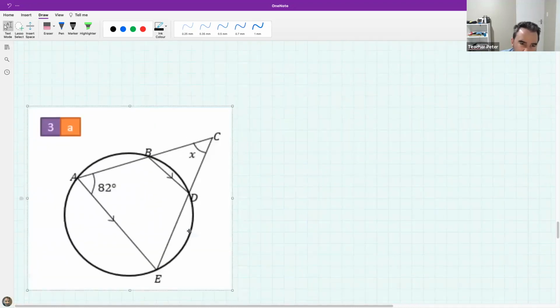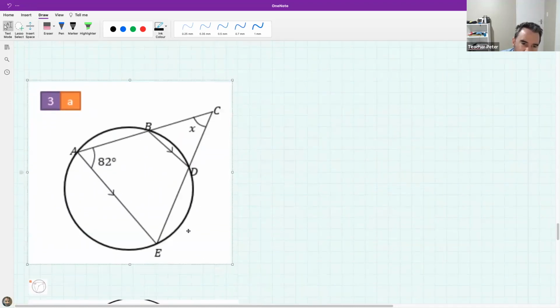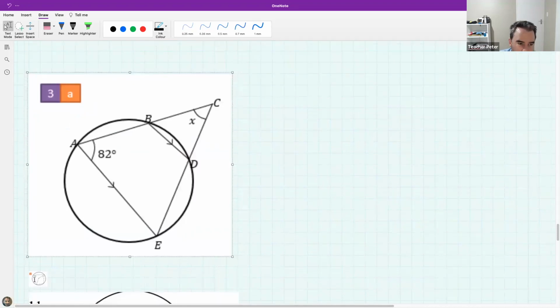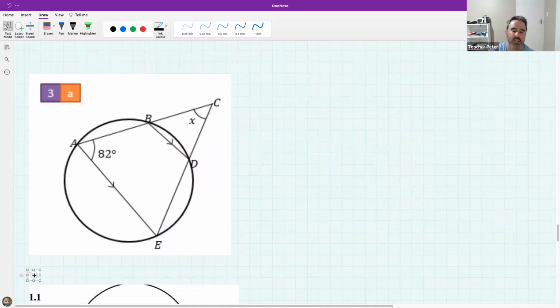Can you find me the size of angle x, which is sitting up here, and you've only got this 82, but you do have some friendly arrows that can maybe help you on your journey.